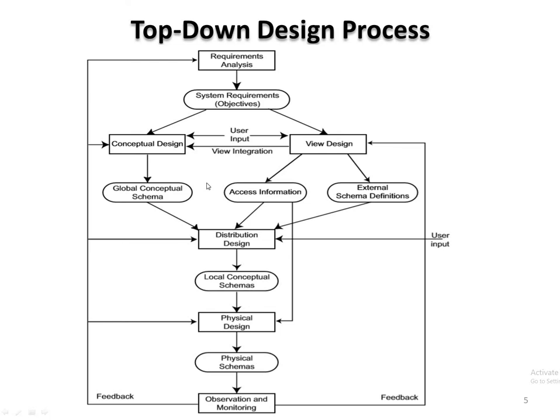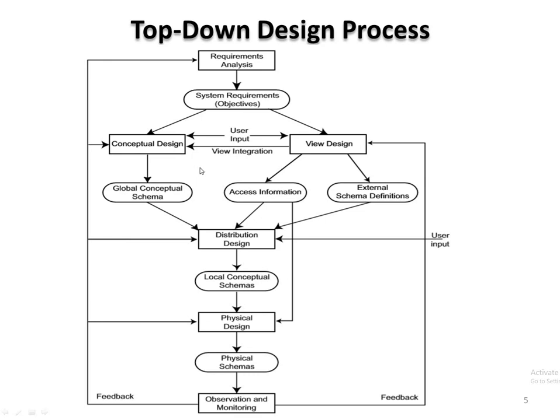So now let us see the top-down design process. This diagram describes the top-down design process. The process starts with the requirement analysis. It defines the data and processing needs of all the database users. This requirement analysis also identifies the objectives of the distributed DBMS with respect to performance, reliability, availability, and economical feasibility.